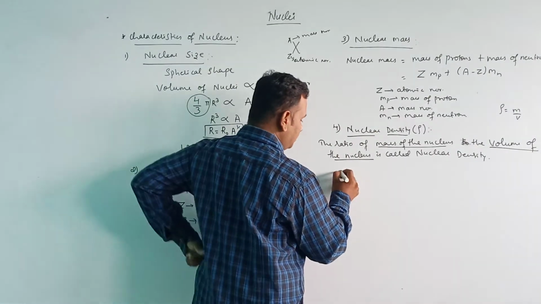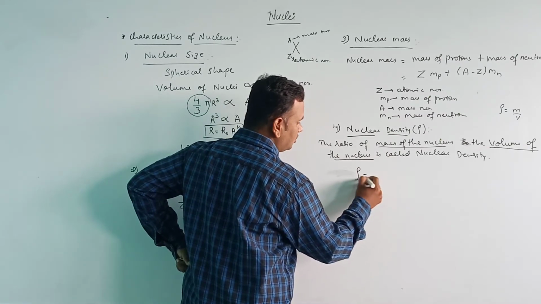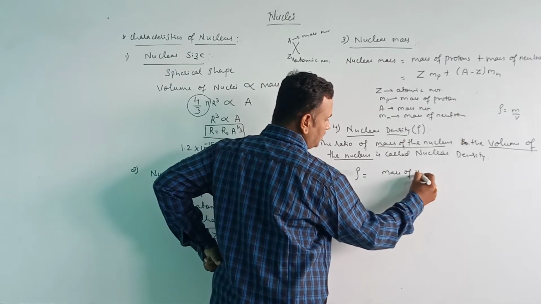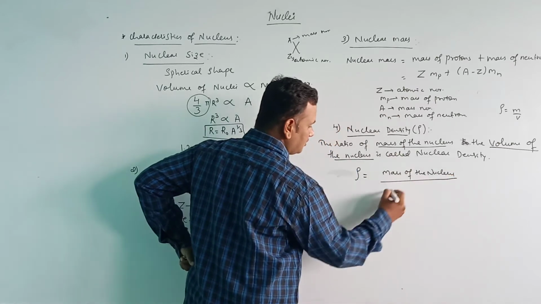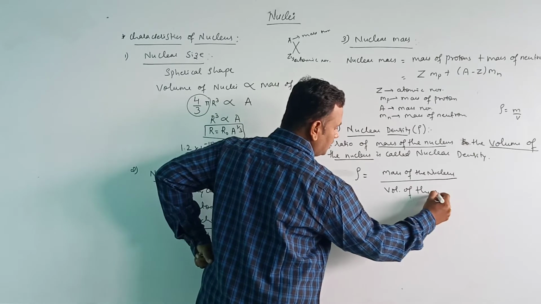So rho is equal to the mass of the nucleus to the volume of the nucleus.